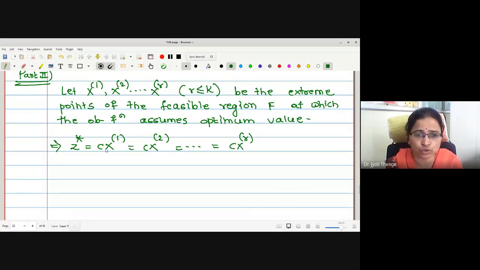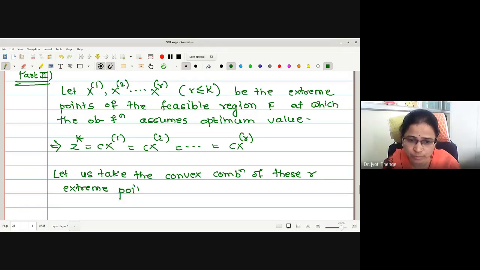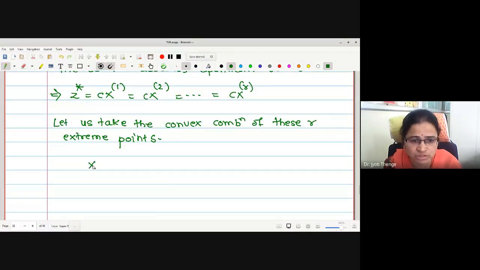Now what will we do? We will take the convex combination of these r points and again check the value at the convex combination. Let us check the convex combination of these extreme points.